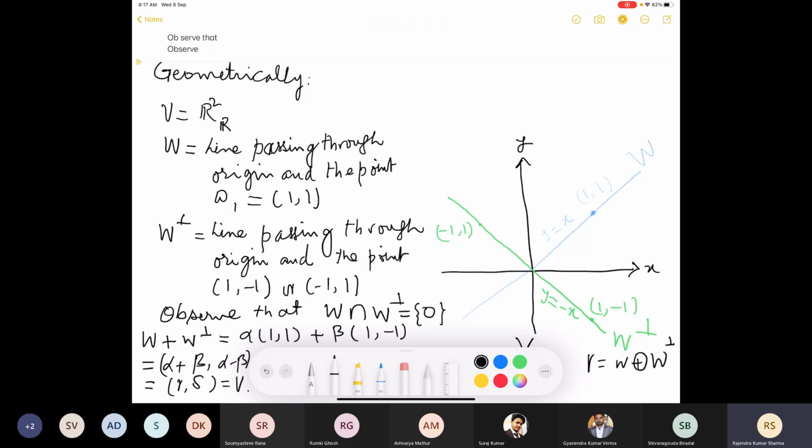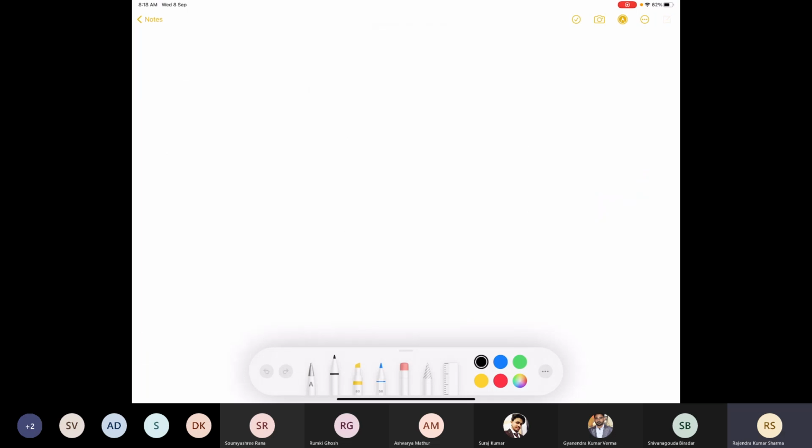So I do a few calculations and will leave the rest for you to verify, for the sake of clarity. So this is the next example, example 2 or 3, whatever it is. So this time let us say V is R3.